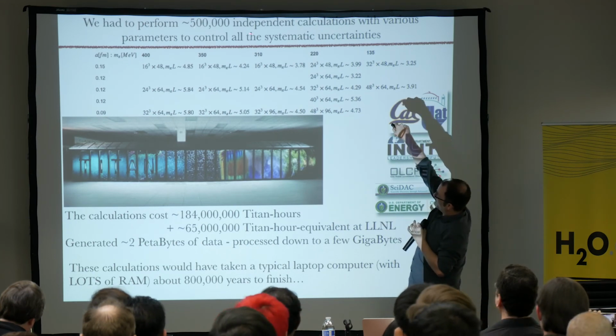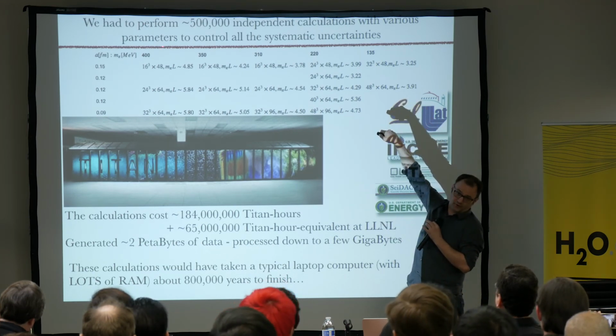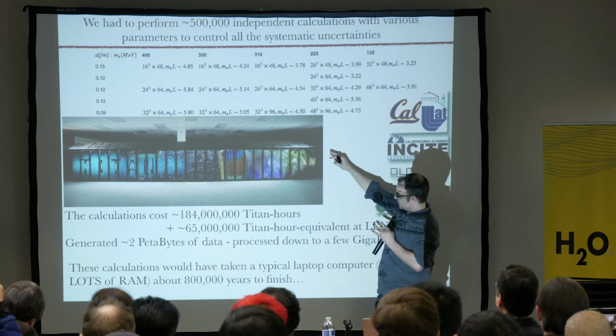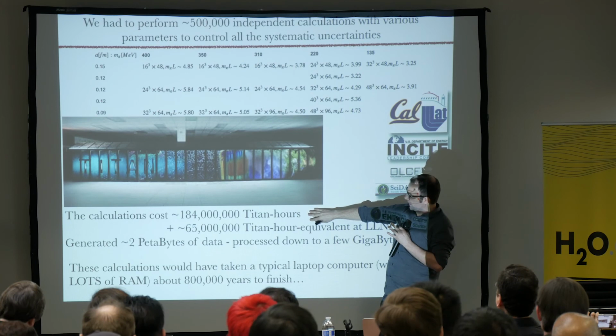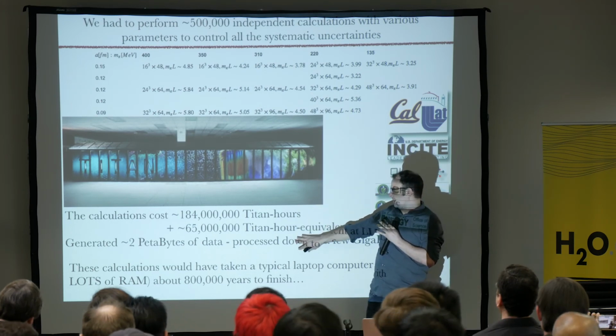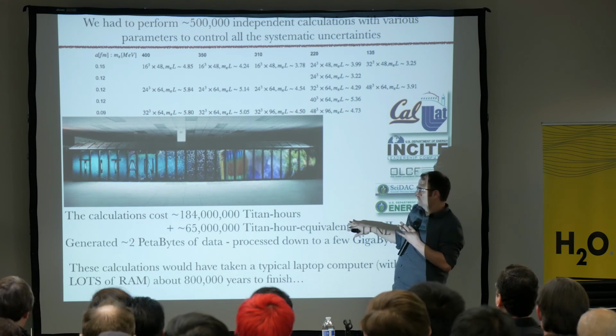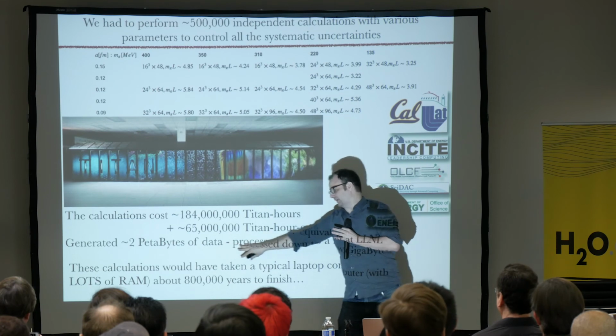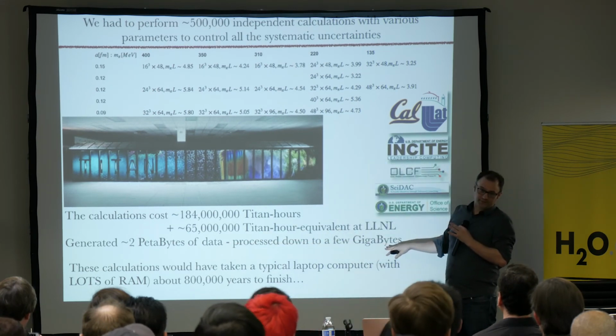And in the end, there's something like 500,000 different calculations we had to perform. And this is just to show you the scale of the cost: the calculation I'm about to show you took 184 million Titan hours, plus 60 million Titan hour equivalents at Lawrence Livermore Lab. We generated something like 2 petabytes of data that had to get processed down to only a few gigabytes.